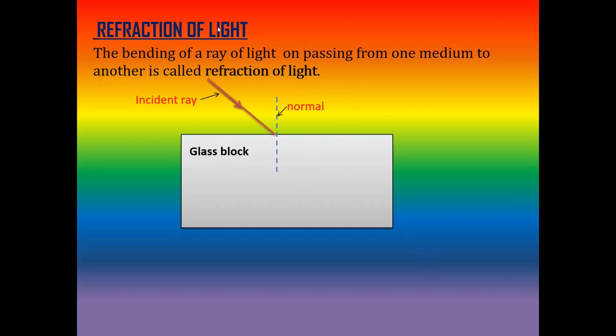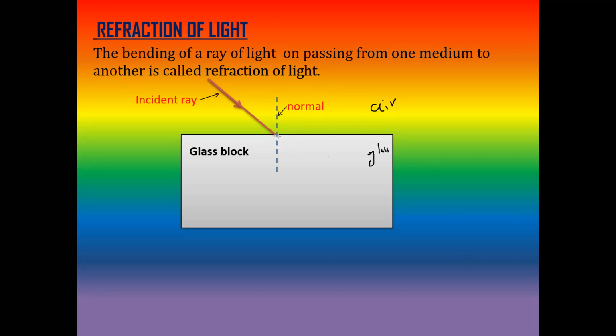Now what happens? The light is in air and it is moving from air to glass. So moving from air to glass, what happens to the speed? Will it increase or decrease? It will decrease, or slow down. As it slows down, what we observe is that when the speed decreases, it tends to move towards the normal.